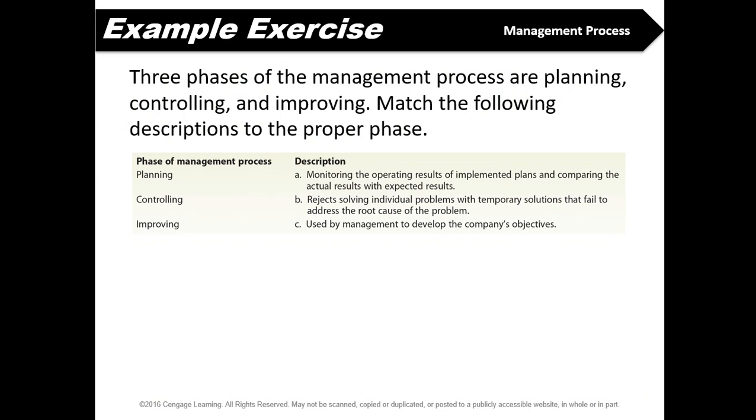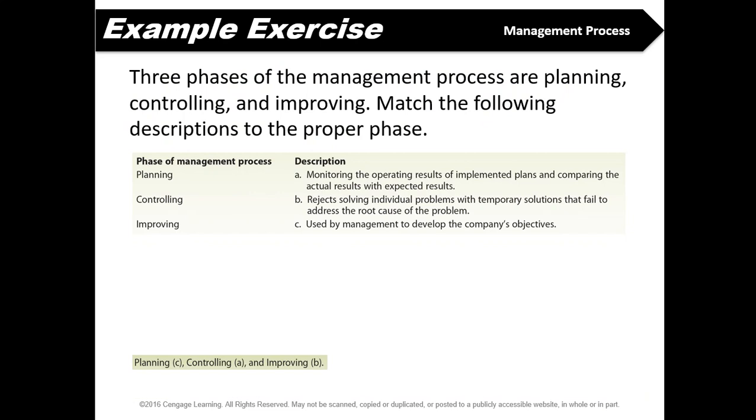And then C, used by management to develop the company's objectives. I'm sure you guys can figure this out. I'm not sure how the answer pops up here. Oh, pops them all up at once.